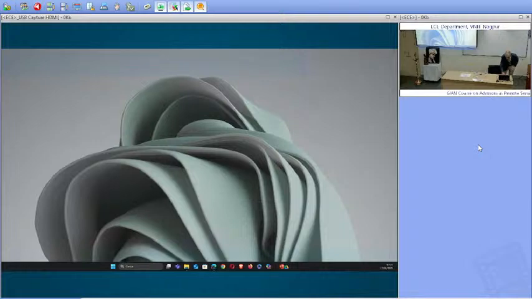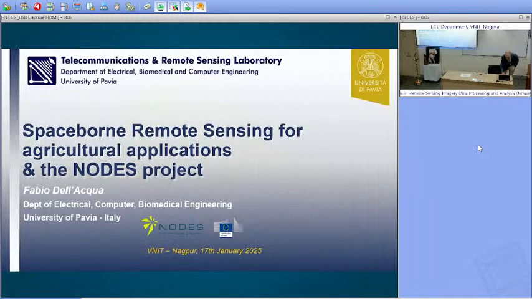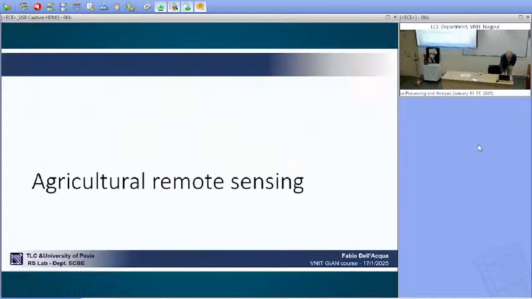The topic of this last lecture will be agricultural remote sensing, because I wanted to complete the visiting of the processing chain from generation of data to processing to information extraction, now to possible applications.